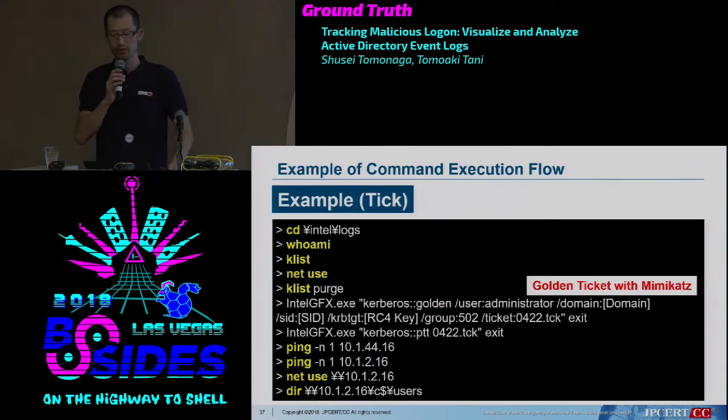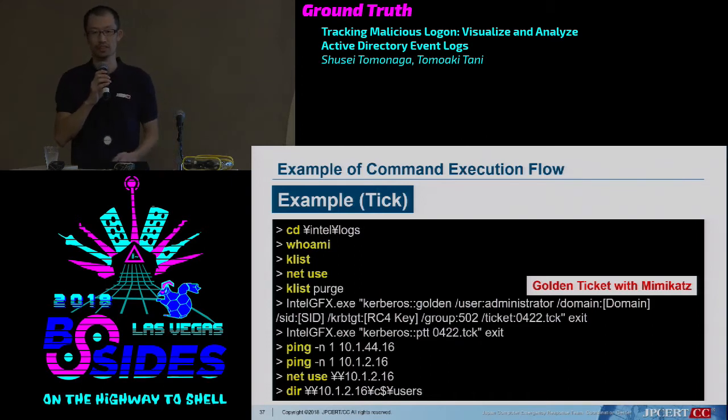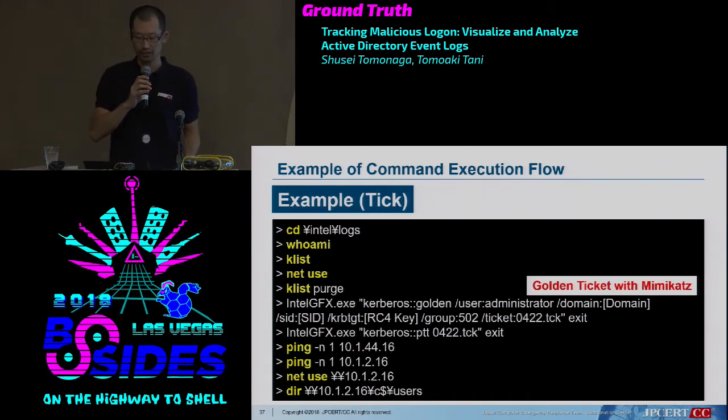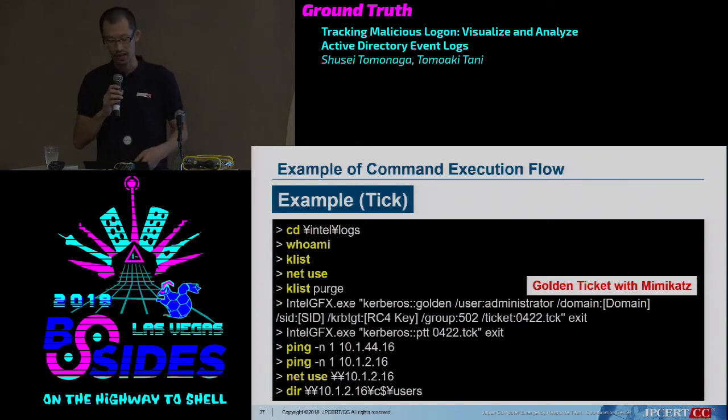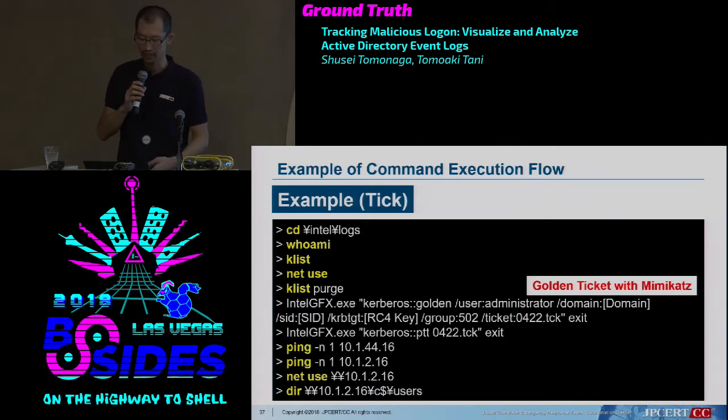This is an example of lateral movement steps and commands executed by TIC's attacker. TIC is a cyber espionage group known to target Japanese organizations such as government agencies, as well as those in biotechnology, electronics manufacturing, and industrial chemistry.